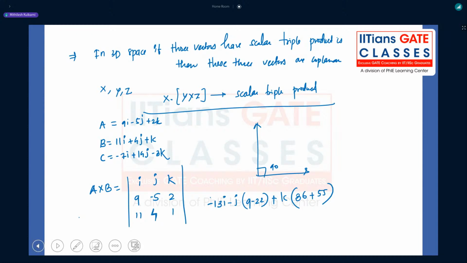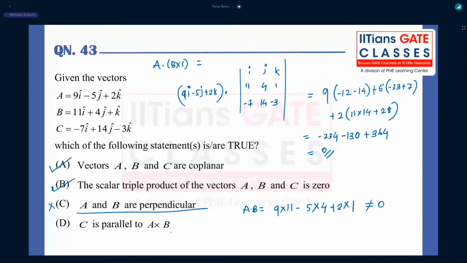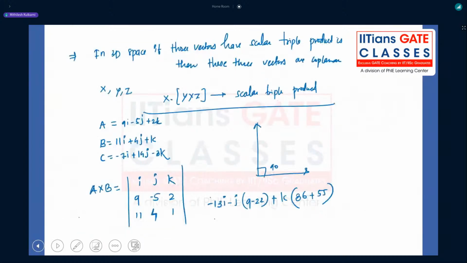Let's check option D here. If you take the cross product again with this new vector, you will realize that it won't be 0.